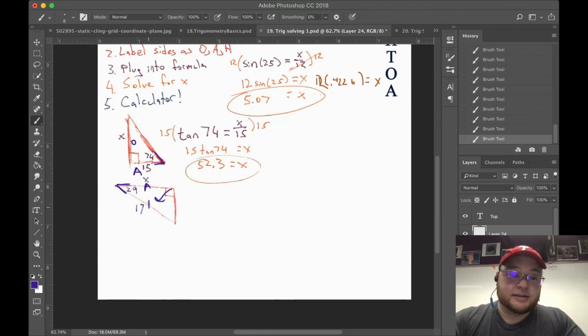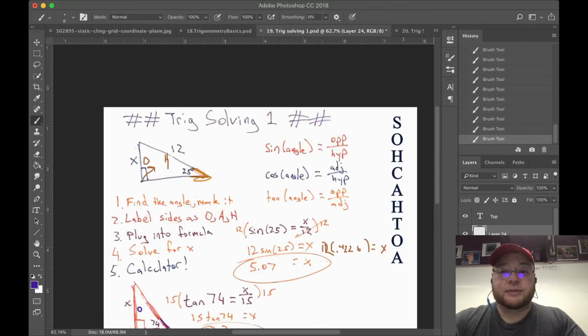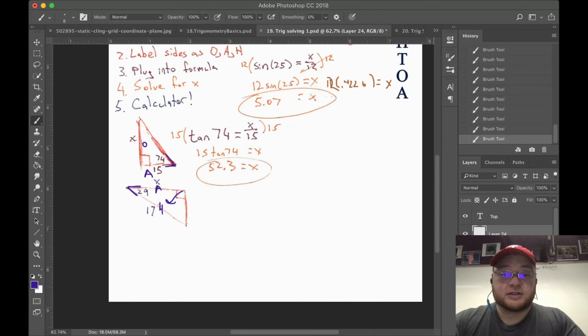Which one is AH? CAH, cosine. So cosine of the angle, which is 29, equals A, which is x, over H, which is 17. Multiply both sides by 17.